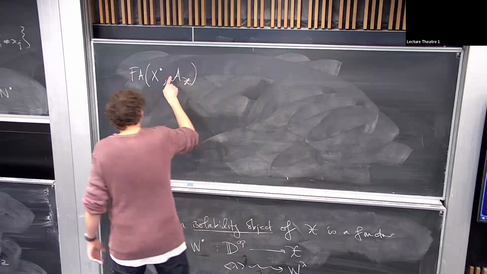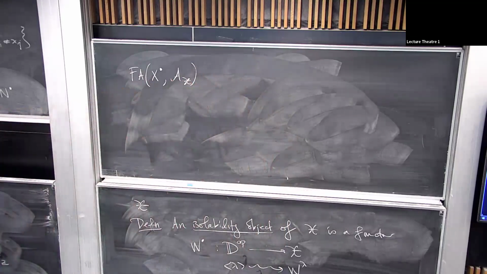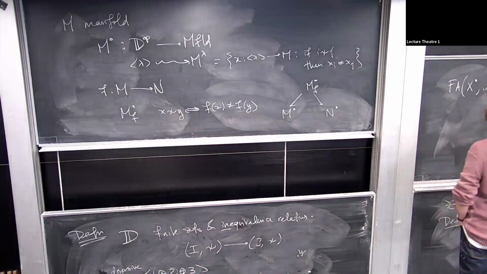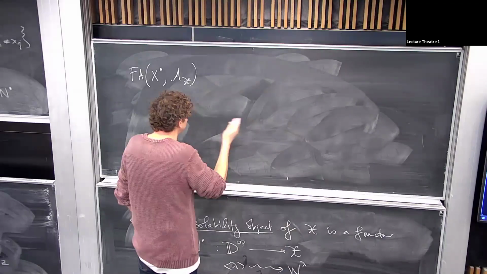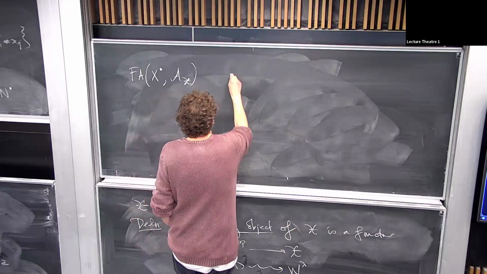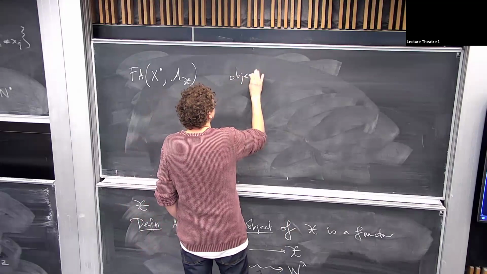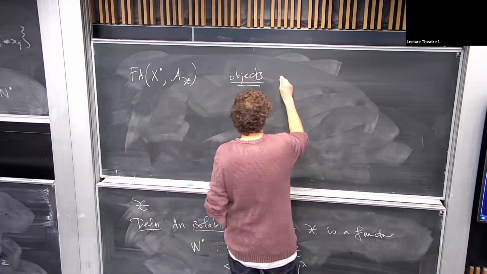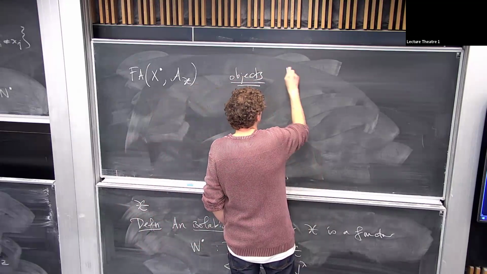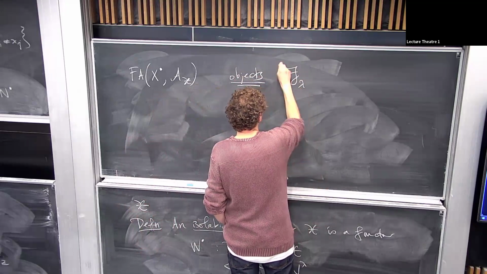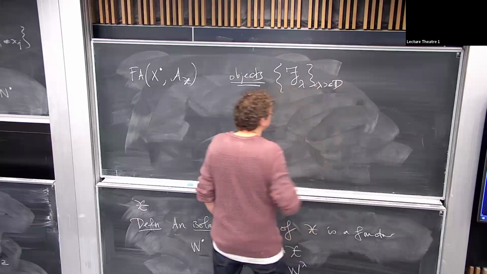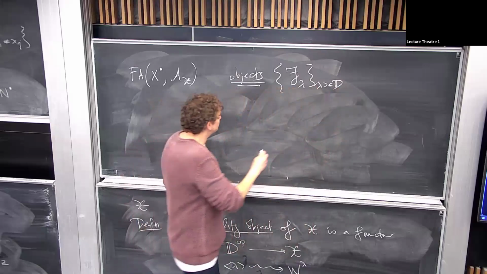So the question is, how do you define this thing? Let me first tell you morally what the objects are. The objects are a bunch of information. The information is a bunch of F lambdas, one for every object of D. And where do these F lambdas live?